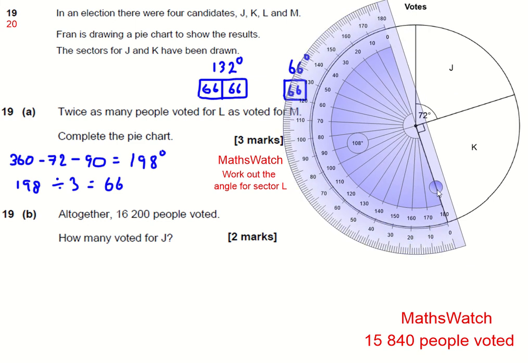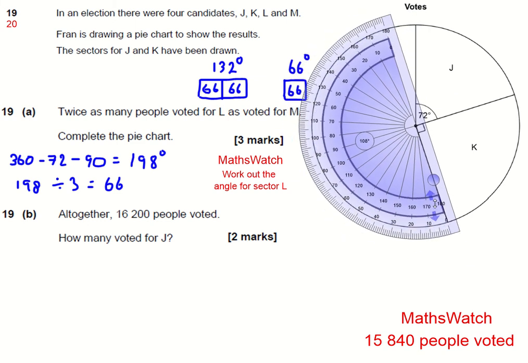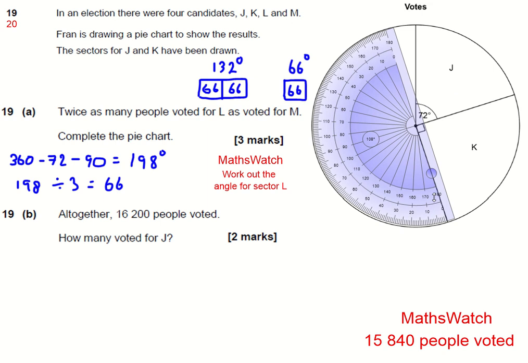So it's going across to 180 and up to 0. Just to show you that a bit clearer, it's touching 0. And we're going to measure 132 degrees. So since we're starting at 0, we're going to use the outside scale, going all the way around to 132 degrees. You'd put a mark, and then you would draw that line.